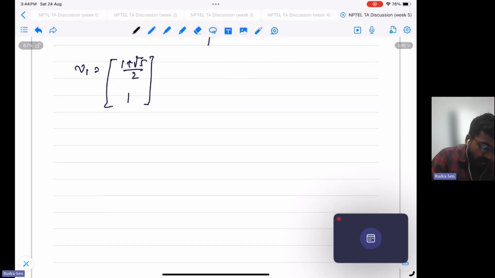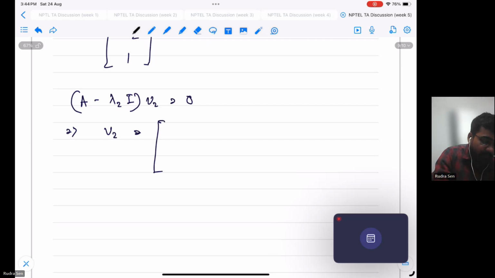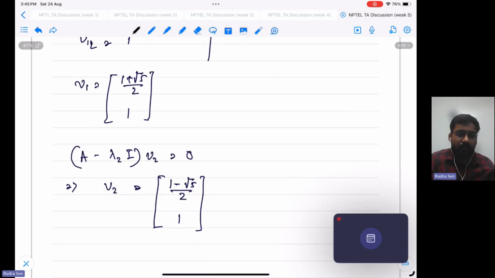So my first eigenvector is (1 plus root 5)/2, 1. And what is the second eigenvector? In a similar way, if you do the similar steps, you will definitely get (1 minus root 5)/2, 1.